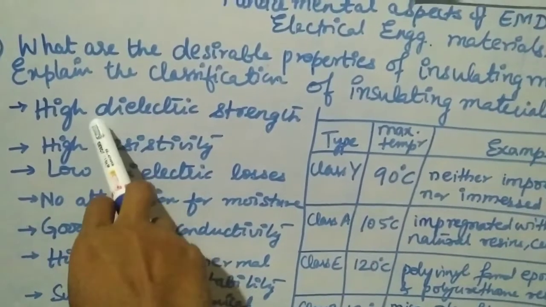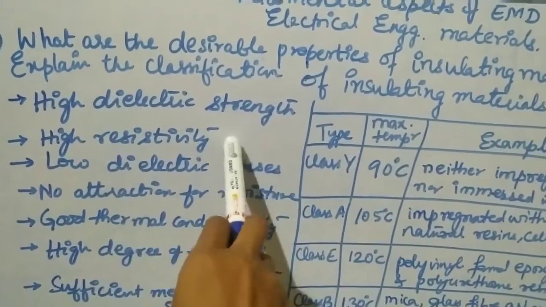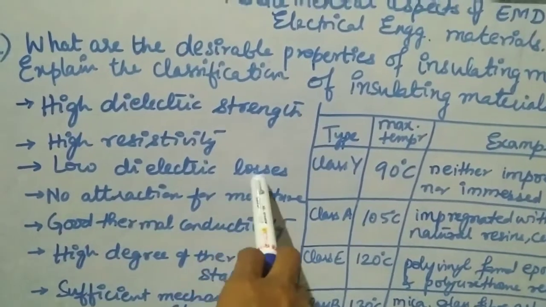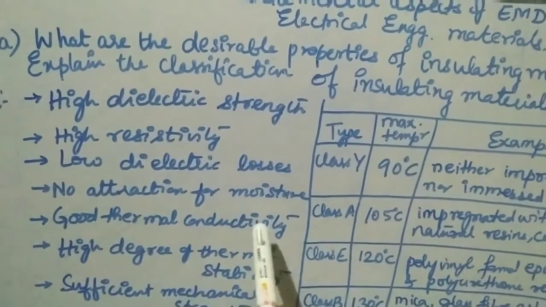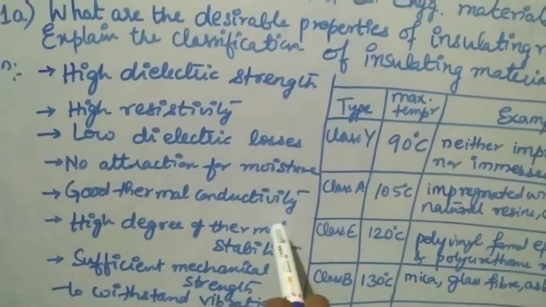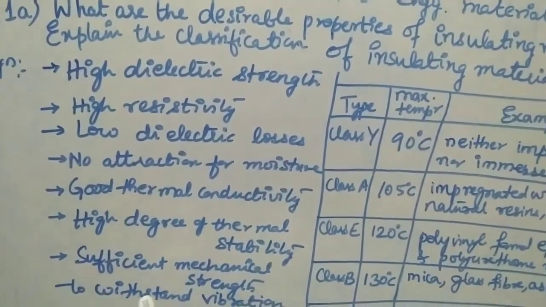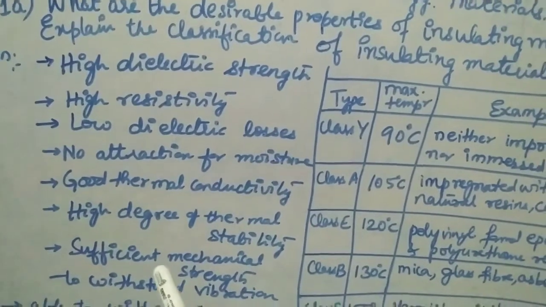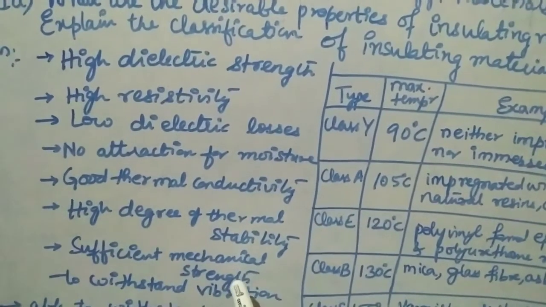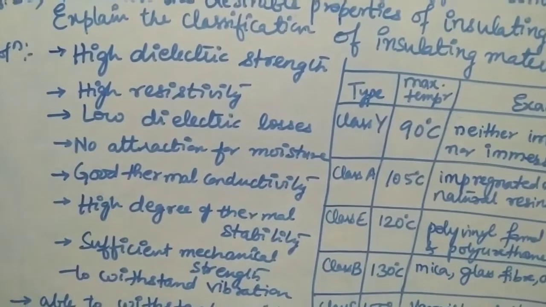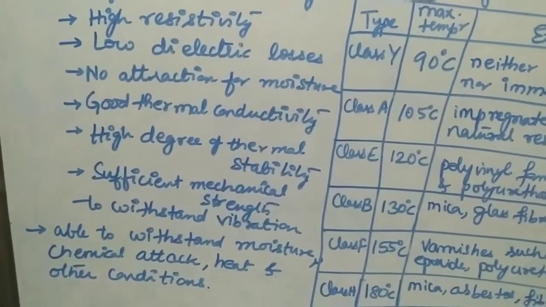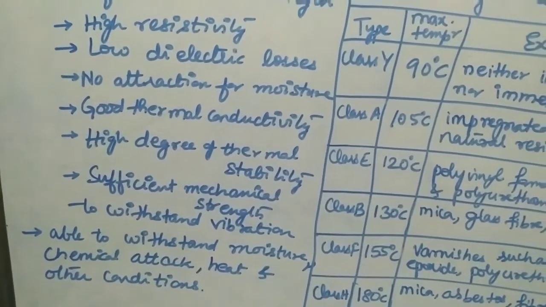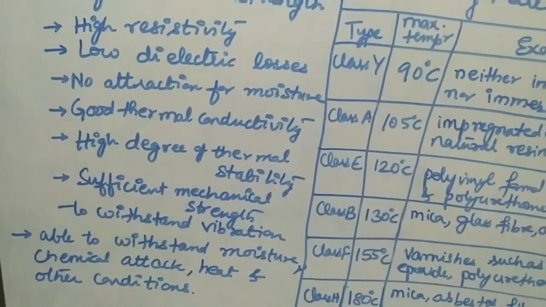The desirable properties of insulating material: high dielectric strength, high resistivity, low dielectric losses, no attraction for moisture, good thermal conductivity, high degree of thermal stability, and sufficient mechanical strength to withstand vibrations, and it should be able to withstand moisture, chemical attack, heat and other conditions.